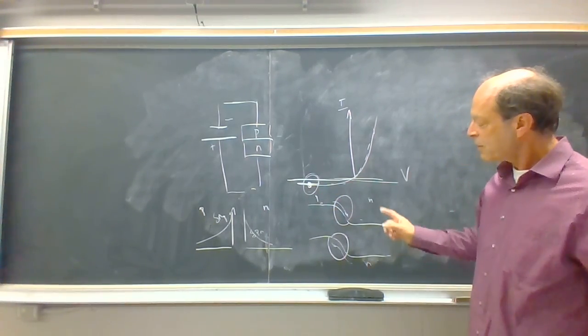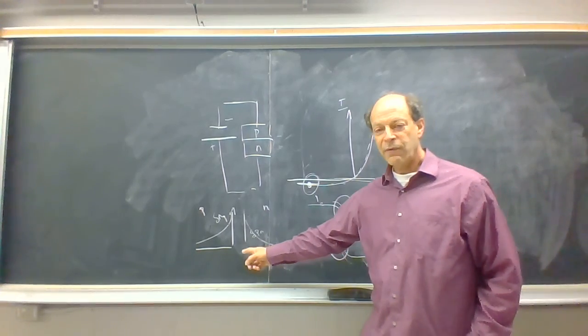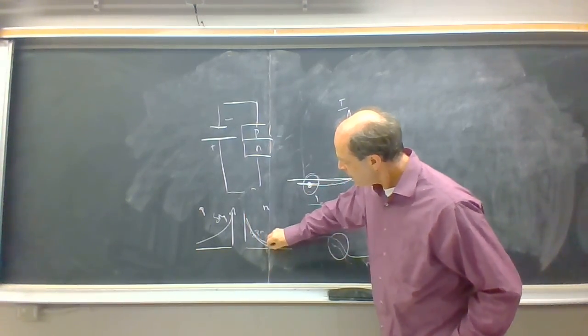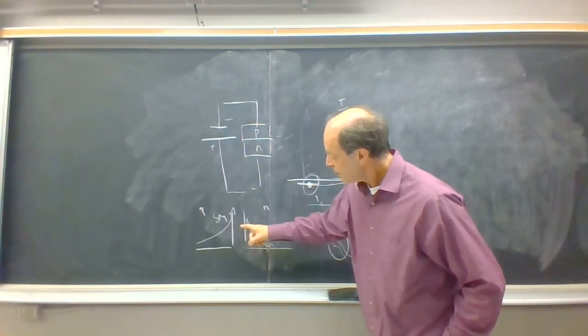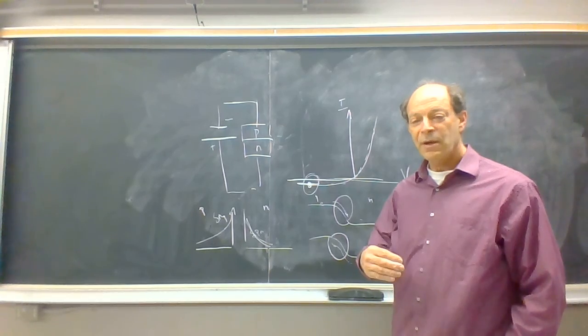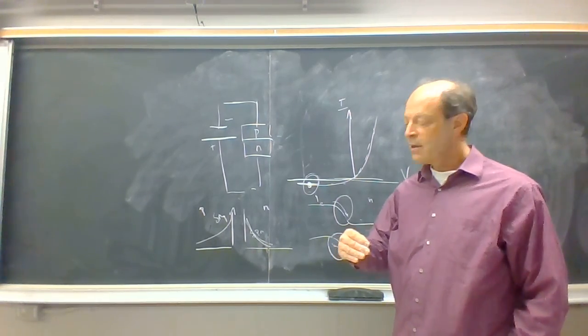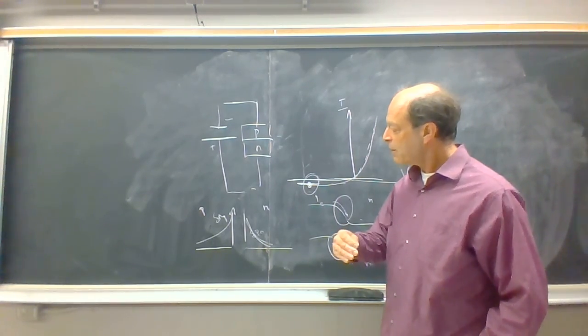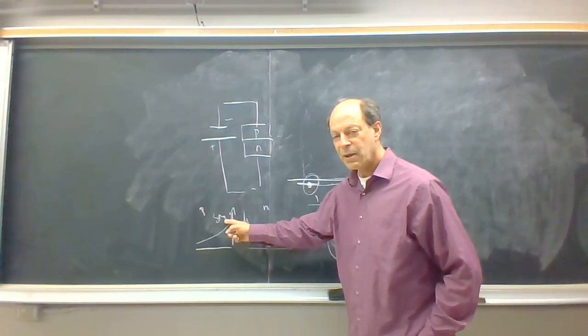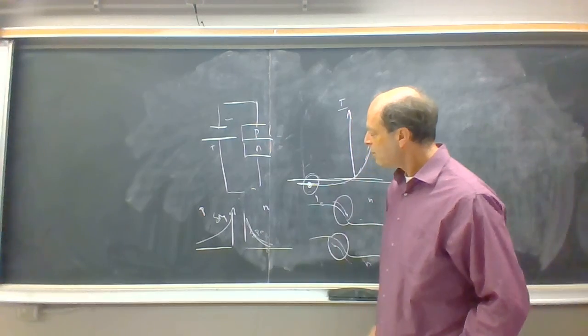Well, the clue as to how to do that is in this forward bias junction, because we are in fact increasing the number of carriers on each side of this junction, and specifically the increased number of minority carriers. We're controlling the minority carrier concentration in the p side with these electrons and in the n side with these holes.